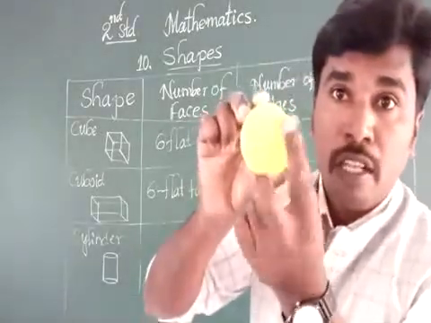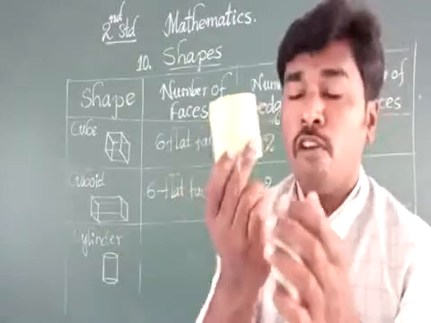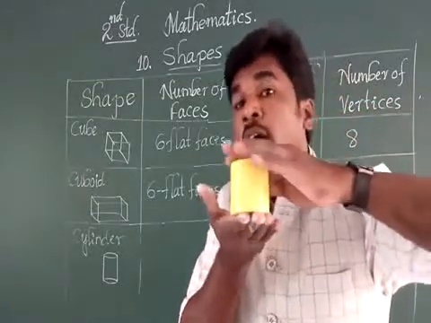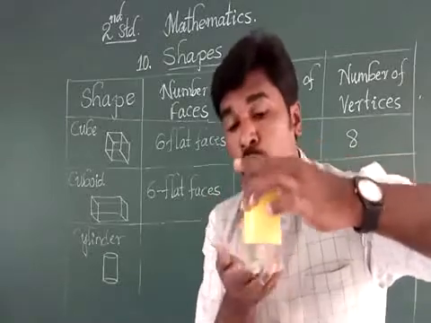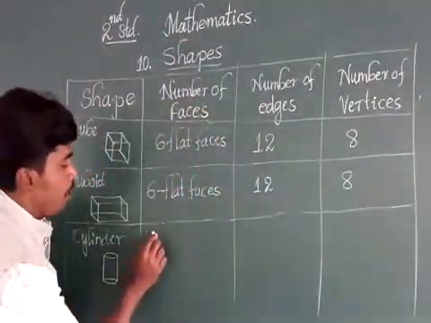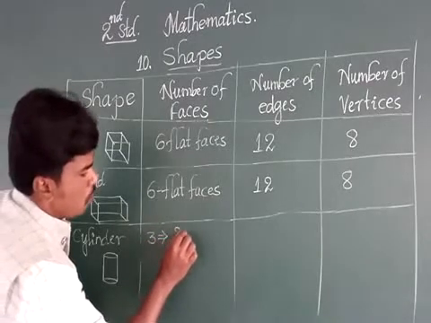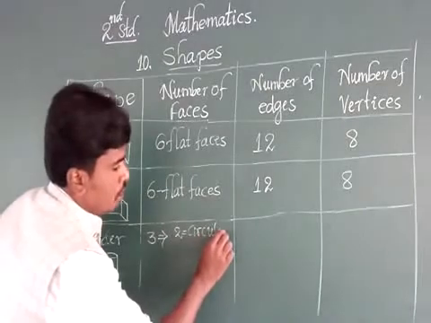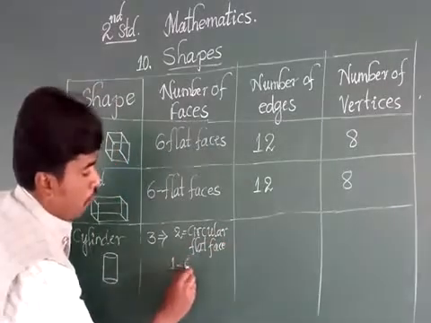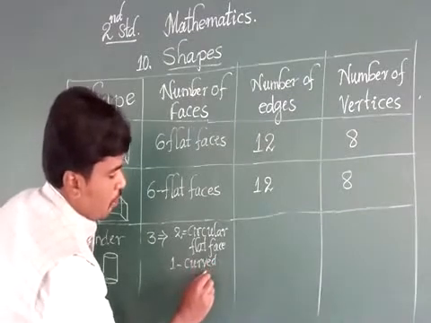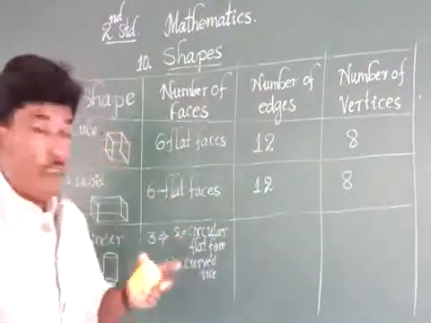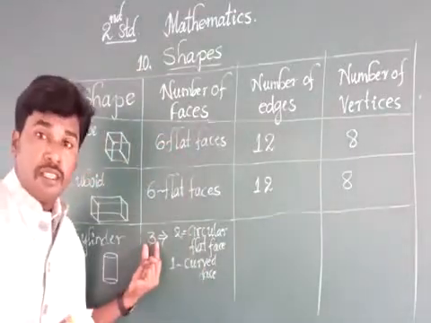This is one circular face, the front, or if you are holding it like this, the top, and the bottom is also a circular face. 2 circular flat faces and 1 curved face. So the number of faces will be 3.